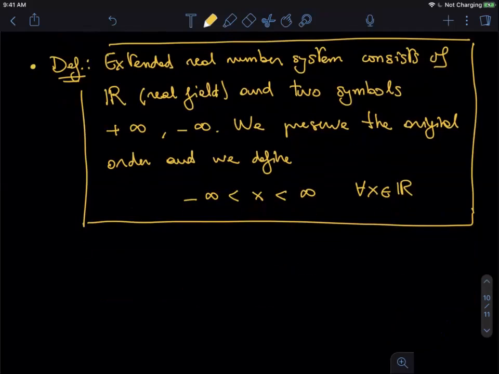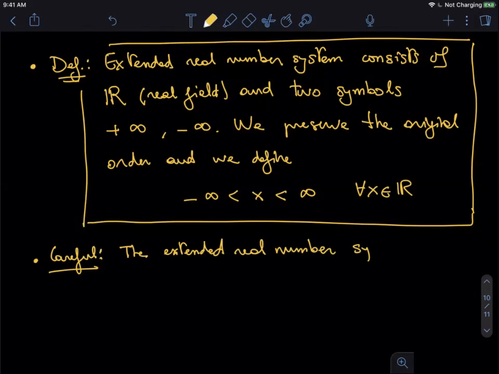Now, one important thing here. The extended real number system is not a field. Okay.